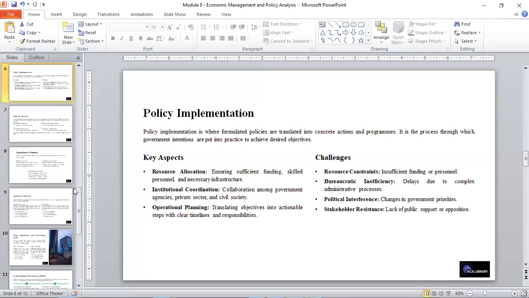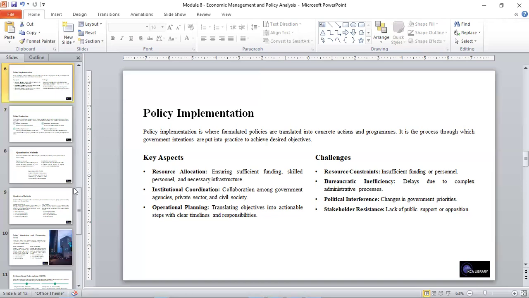Also, we talk about institutional coordination. It talks about collaboration among government agencies, private sector, and civil society, and also operational planning, which deals with translating objectives into actionable steps with clear timeline and responsibility.